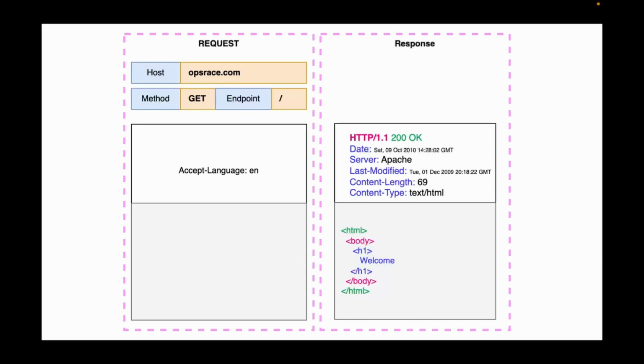If you want the text to be Arabic, you send AR here, DE for German or FR for French. The server will return the response and convert the content into that specific language if they support it. If they do not support it, then it would be plain simple English.